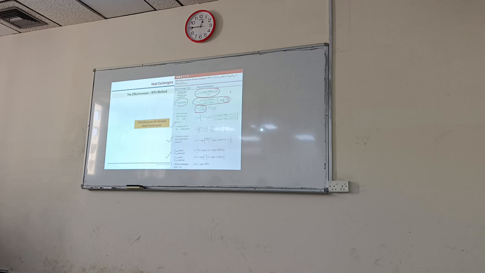In every equation you will see NTU and small c, that's all. The rest are just constants which will be different for every case. This is N shell passes, 2N, 4N tube passes. So this N is representing the number of shells.